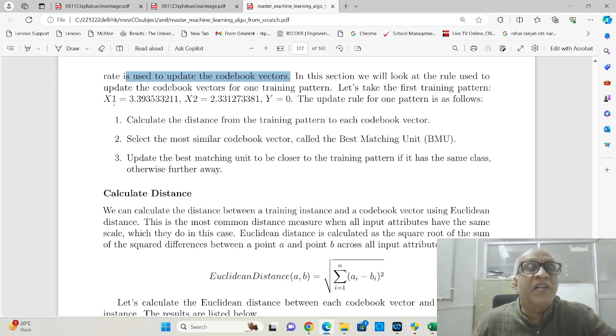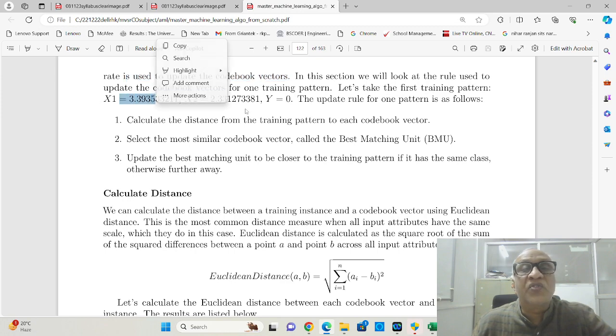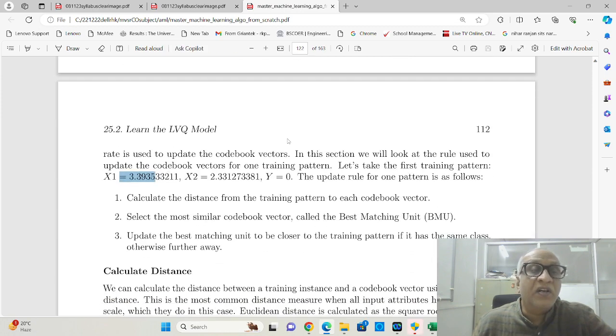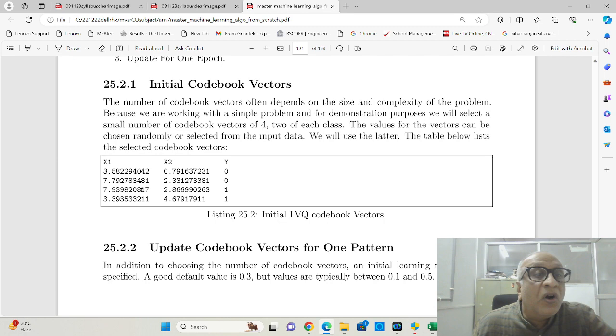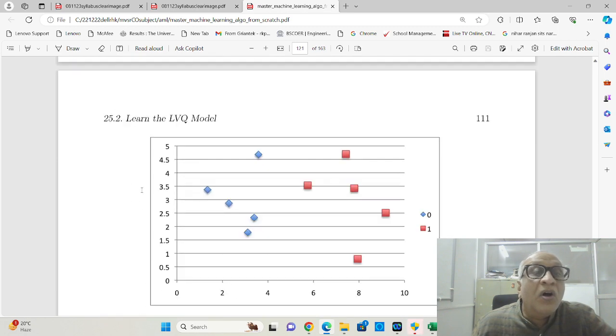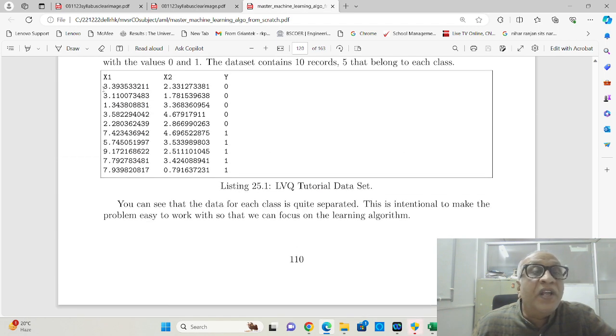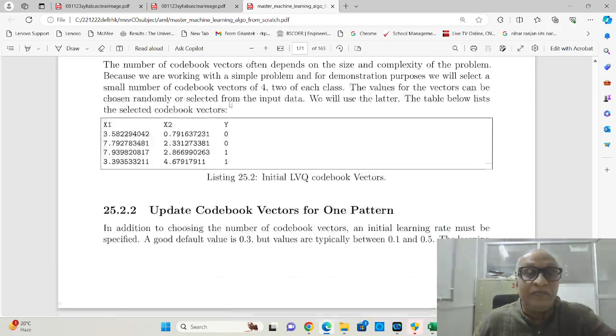Our first training pattern is X1 equal to this, X2 equal to this, Y equal to 0. Let us look at the codebook vector 3.39, 2.33, the first record.